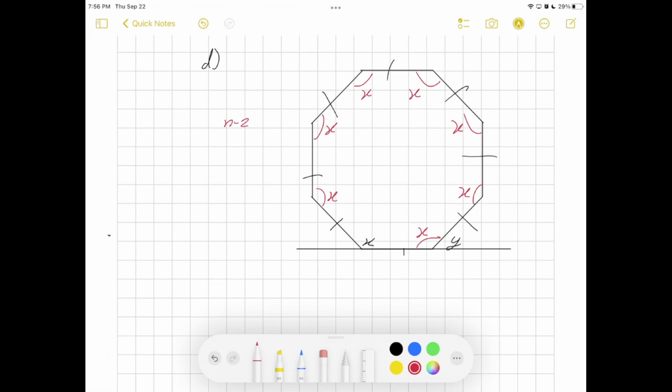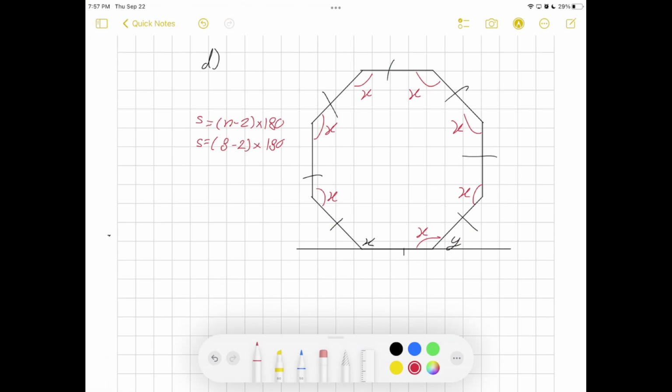N minus 2 times 180 is equal to the sum of all angles, and we're assuming that N is the number of sides. So S is equal to the number of sides, which in an octagon is 8, subtracted by 2, multiplied by 180.